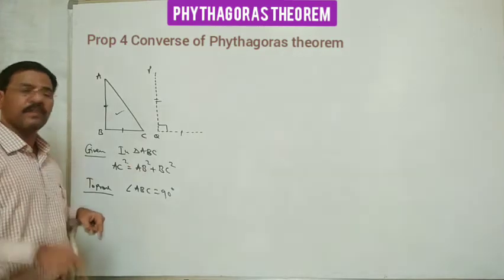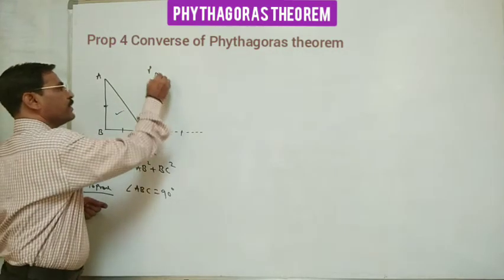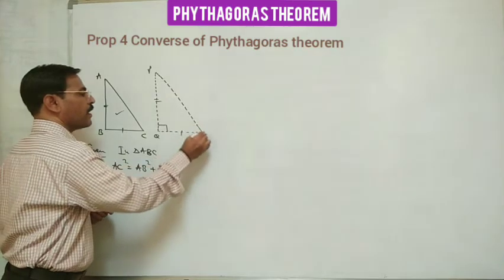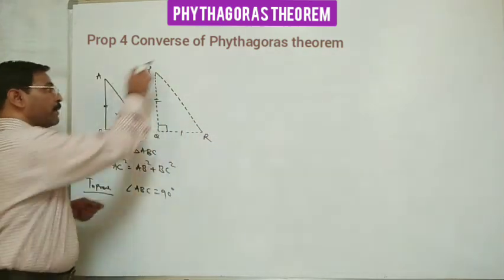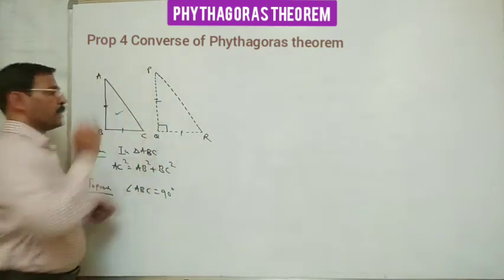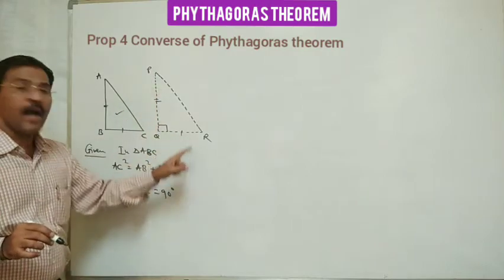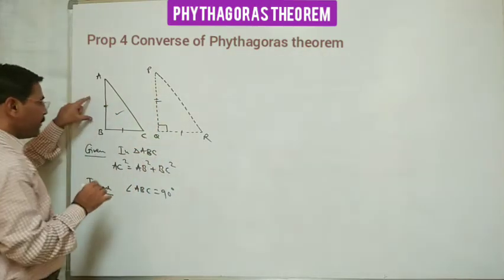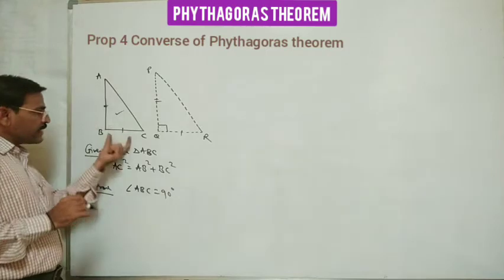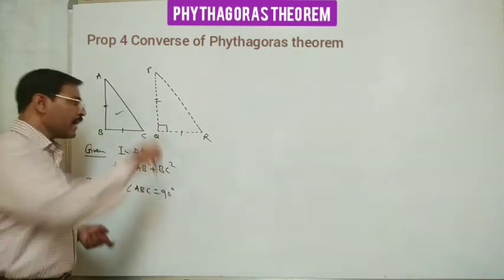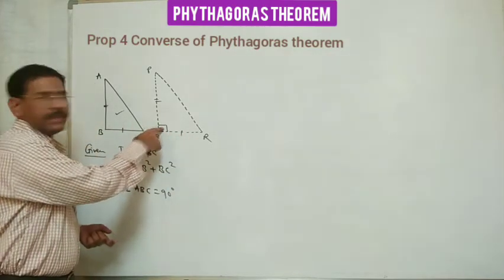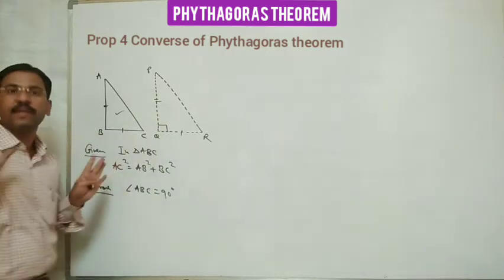Then we join PR. I'll repeat the construction: draw triangle PQR such that AB equal to PQ, BC equal to QR, and this Q is 90. Join PR like this. This is our construction.